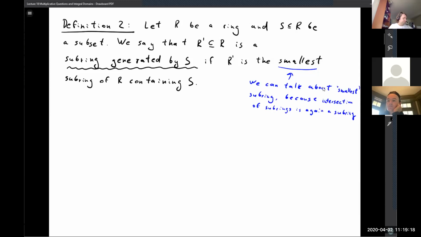Okay. Now, basically, R prime would consist of all finite products and sums in the generators.